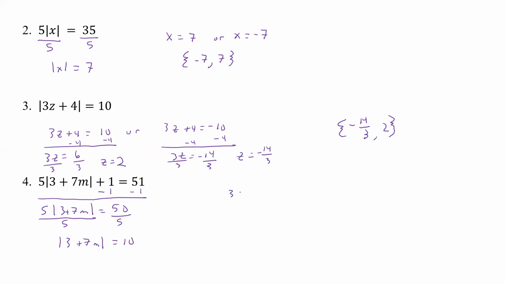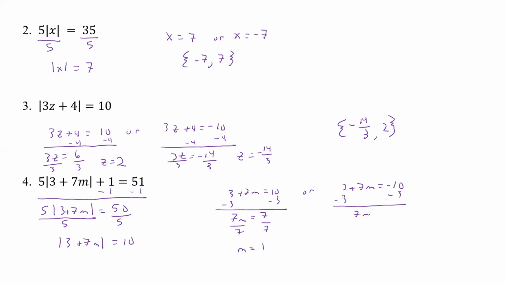Now we can say, well, 3 plus 7m equals 10, or 3 plus 7m equals negative 10. Now we're wanting to get m by itself, so we have to subtract 3. So 7m equals 7. Now we divide by 7. So m equals 1. Here, we subtract 3.